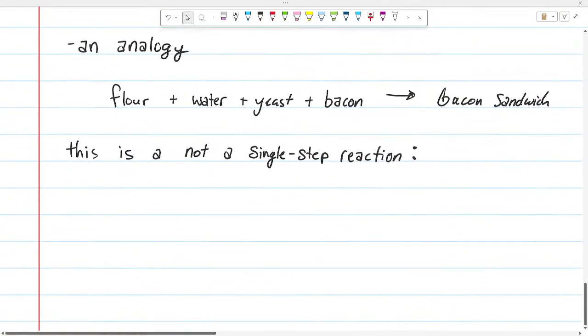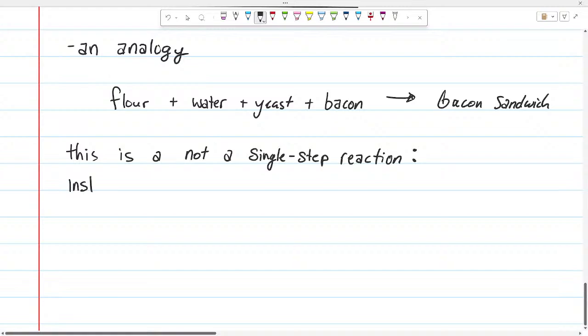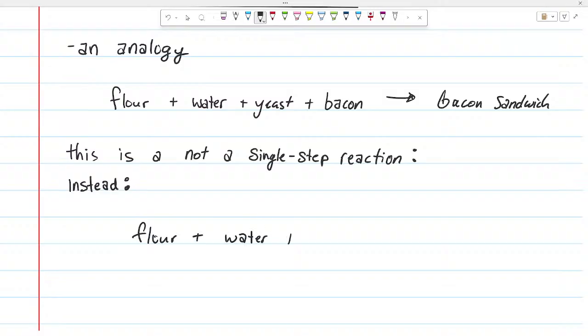Well, instead, it would look like this. It would be flour plus water plus yeast can give us bread, right? Bread can become slices of bread, right?